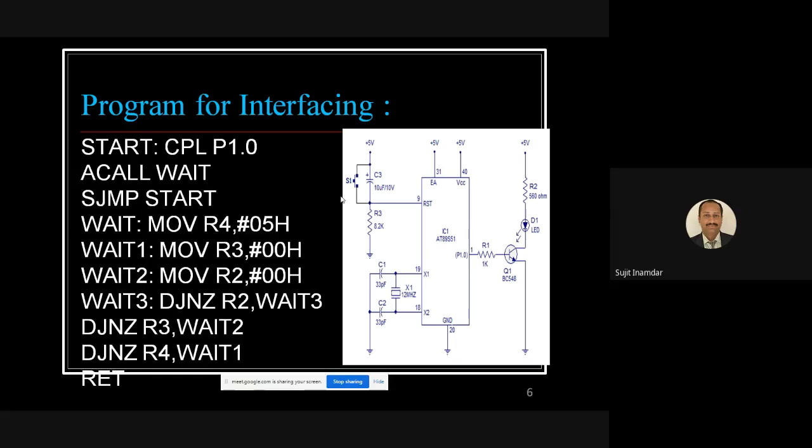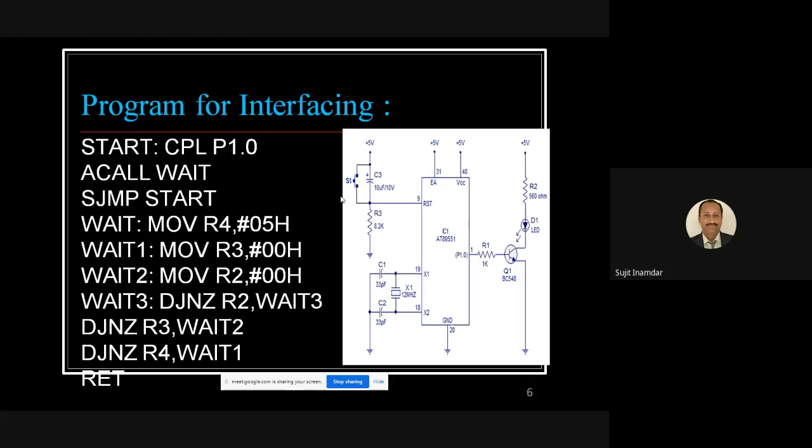Yesterday this program was shown to you, and I asked you to go through it on the internet: what is the meaning of the instructions, how it works, and what is there.